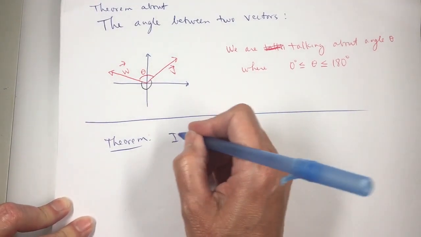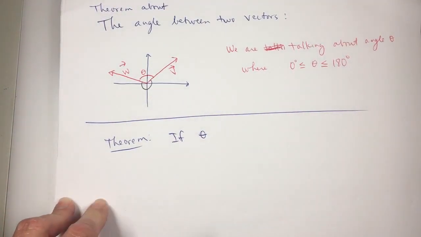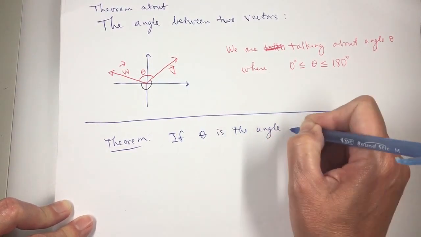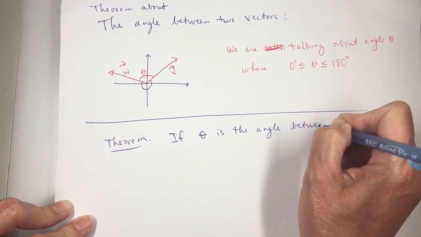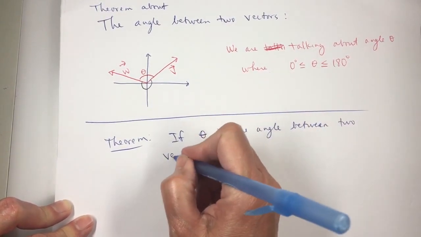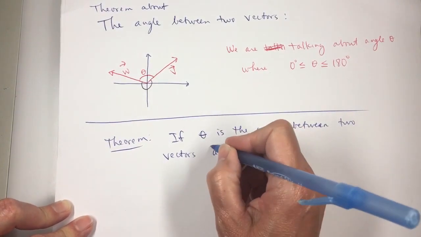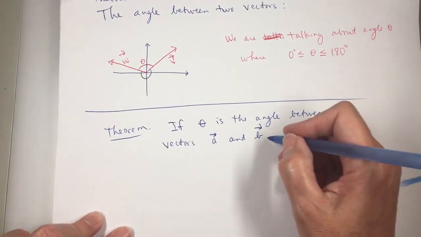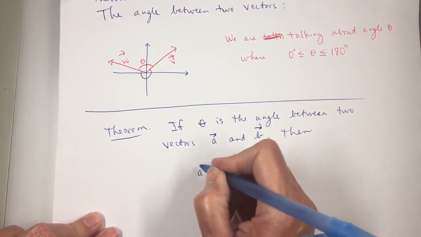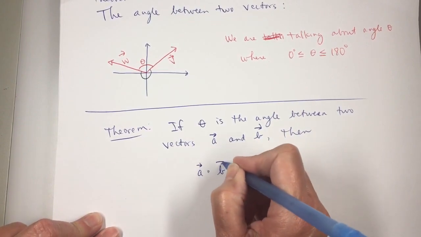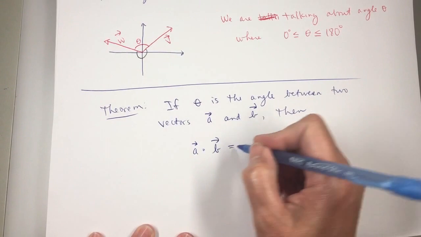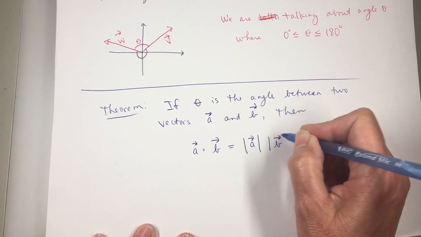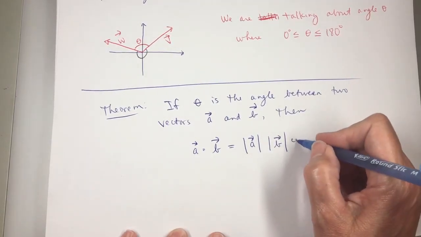And it's this: if theta is the angle between two vectors A and B, then A dotted with B equals the magnitude of A times the magnitude of B, which will be numbers, times the cosine of theta.